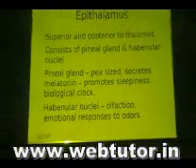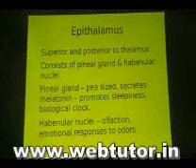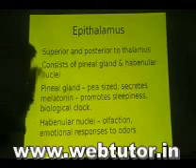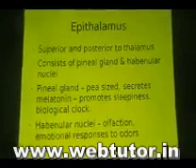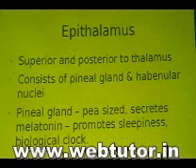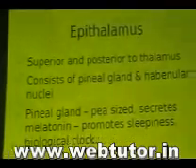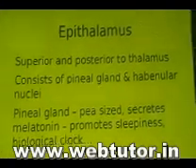After your hypothalamus comes your epithalamus. I'll show you the structure. It is superior and posterior to your thalamus. Superior, meaning a little above, and behind your thalamus. It consists mainly of your pineal gland and your habenular nuclei.